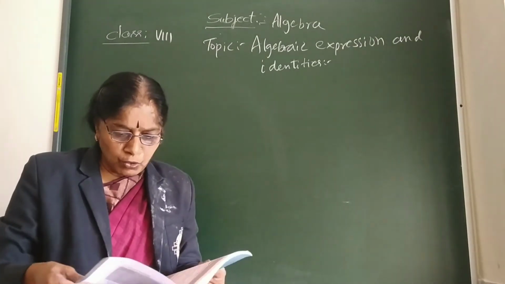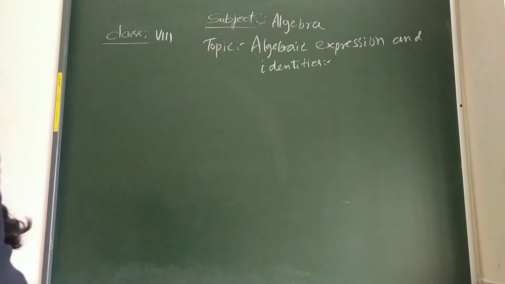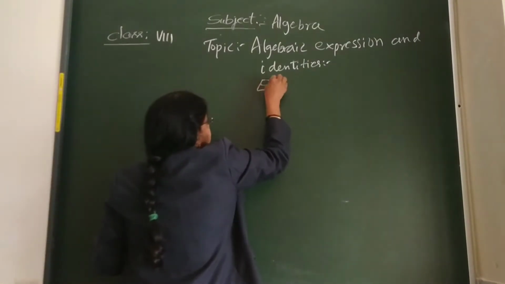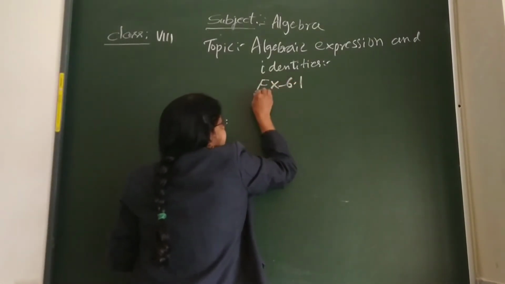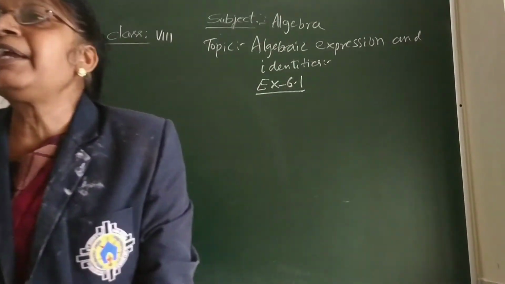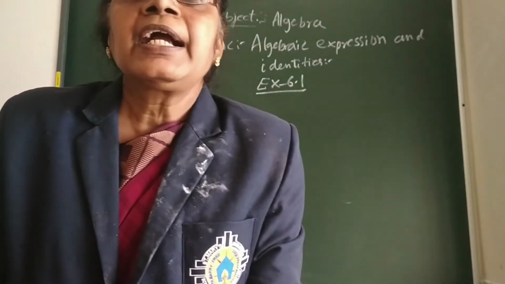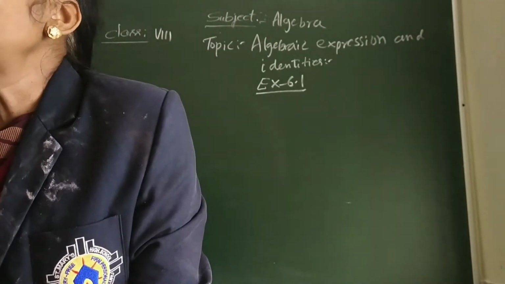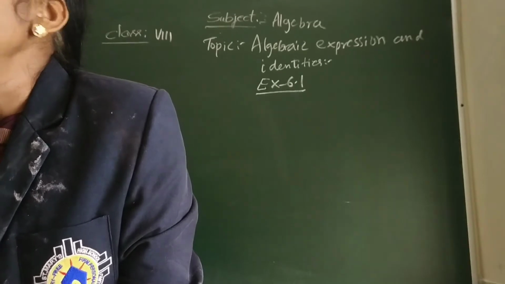Now we will go to the exercise, which is called exercise 6.1. I will teach you the sums of exercise 6.1. See the first sum. What is the first sum given? It says classify the terms and their coefficients for each of the following expressions.